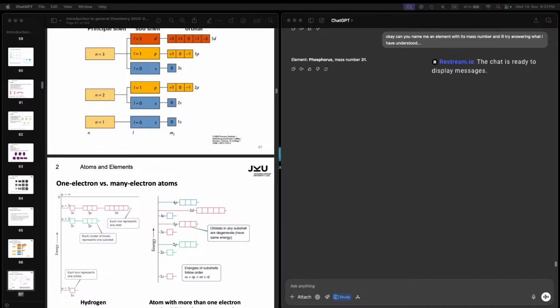Element phosphorus, mass number 31. What would it be? Let me do this on my own.